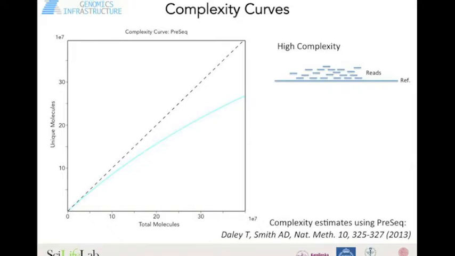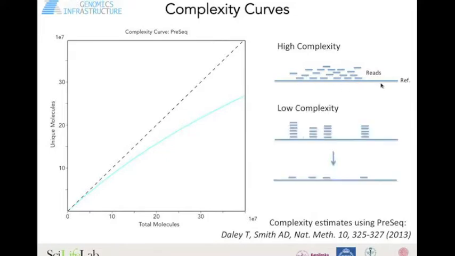That's why there are multiple tools for this. We're using PreSeq. But the general principle is that when you have a high complexity library, your reads will map to the reference with a unique location like these, and when you have a low complexity, they will stack up. So here you can see that this was actually the same molecule, and then you simplify that to this was just one measurement of the original genome that it corresponds to.